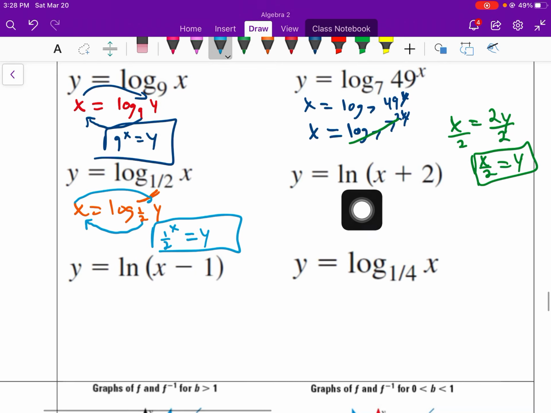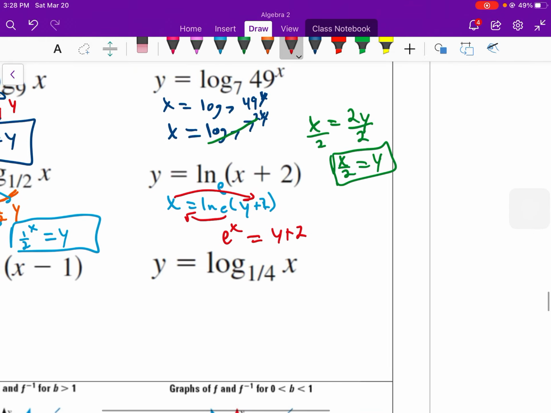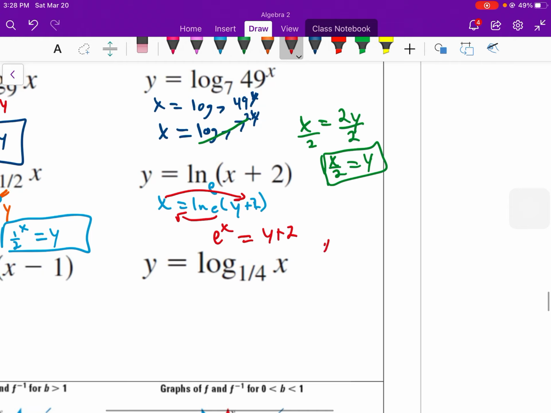Again, natural log. My common base is going to be e. Now I can rewrite as x equals natural log of y plus 2. And then I can go through those steps. So it's e to the power of x equals y plus 2. We want y by itself.